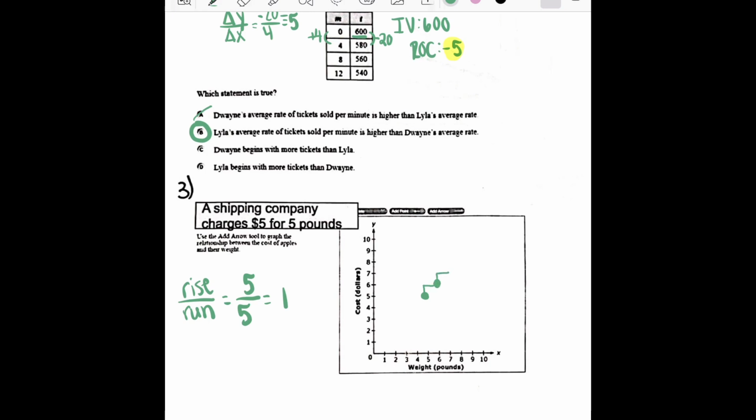Up 1, over 1. And you don't have to keep doing stair steps, but you should just have a point at every single one. So you should have a point at 6, 6, 7, 7, 8, 8, and so on. So basically what this is saying is that the cost of apples is going to be $1 per pound.